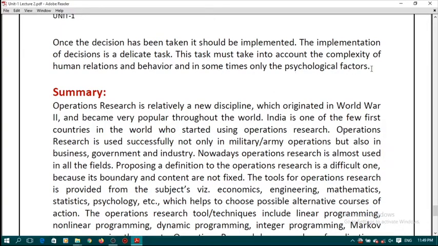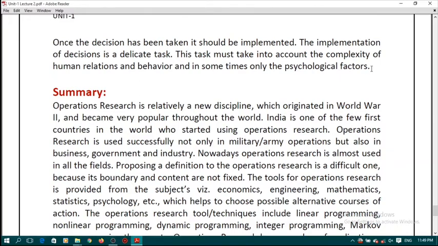Yes, let's talk about the recent past situation. When India took a big decision about the whole nation's shutdown, that is the implementation. The decision was taken based on serious calculations.